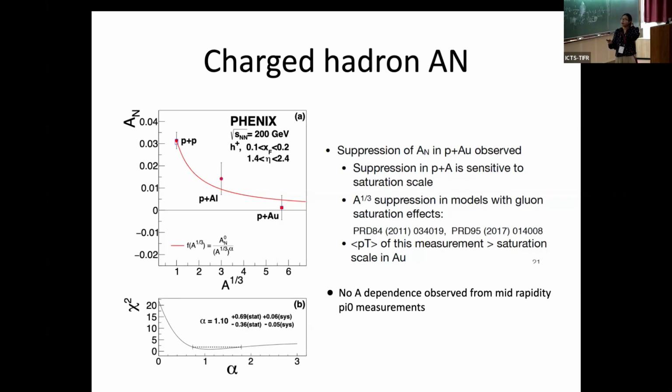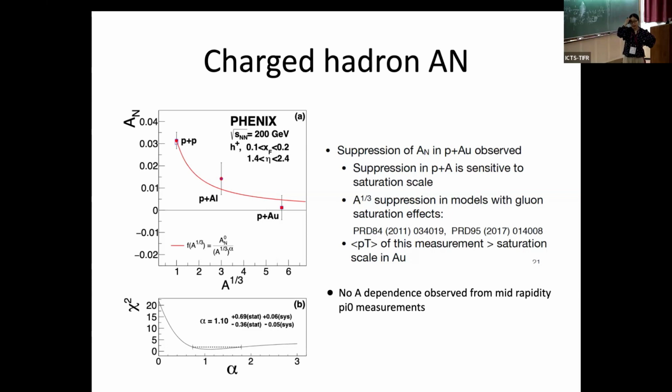So we compared that with a fit of our asymmetry as a function of the A dependence, and extracted the exponent alpha. It does indicate that it disfavors no A dependence, and the value looks quite similar to the A^(1/3) dependence. This alpha value here is what we optimize. Close to 1 means it has this dependence.